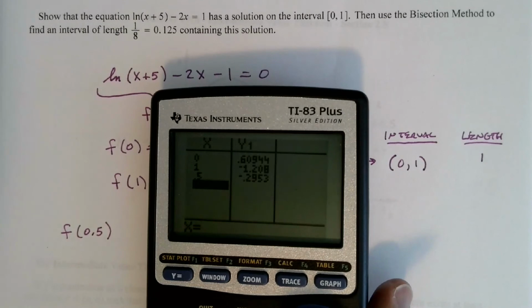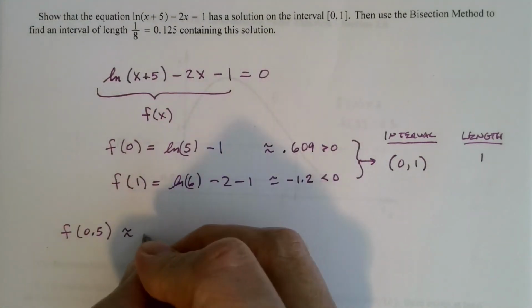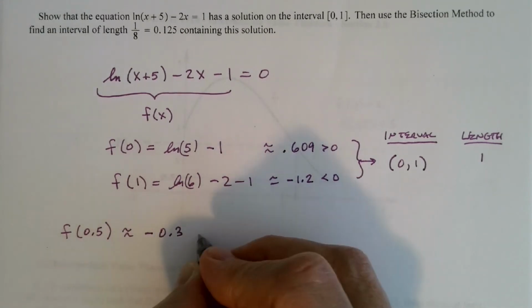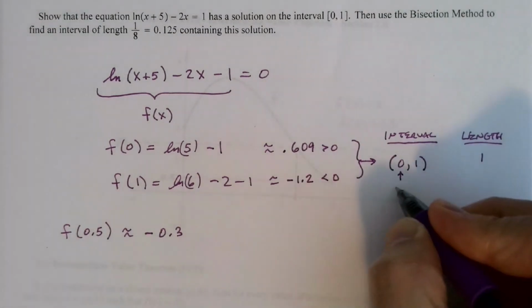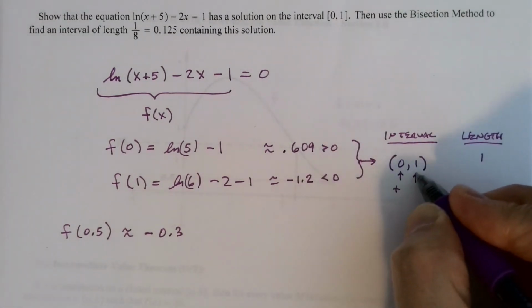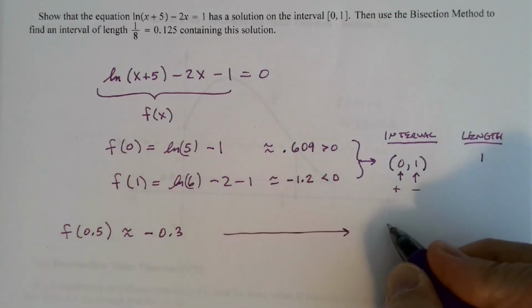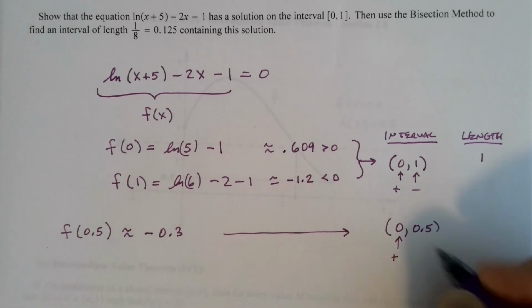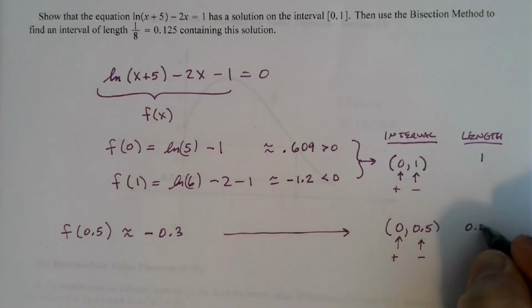I get negative 0.2953, which we just rounded off to negative 0.3, but it's less than 0, right? And again, at 0 we were positive, and at the 1 value, negative 1.2 is the output, we're negative. So now our interval is going to be from 0 to 0.5. Again, output at 0 is positive, output at a half was negative. The length is now a half.